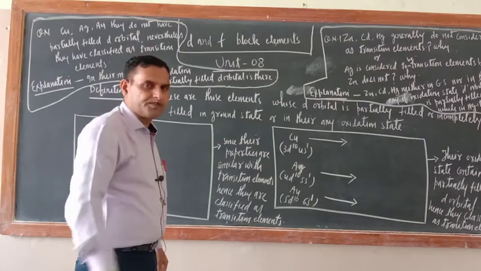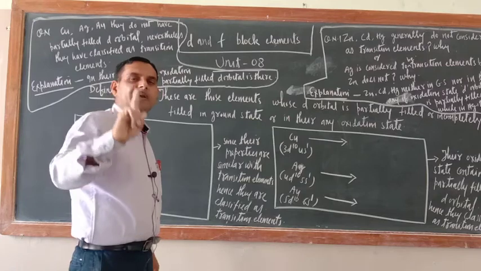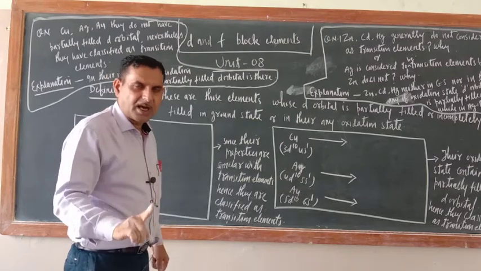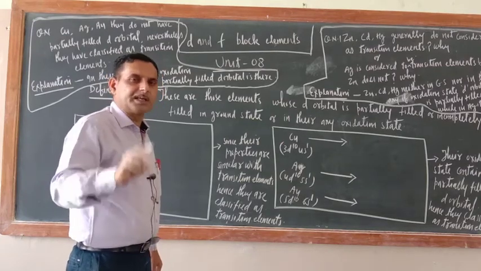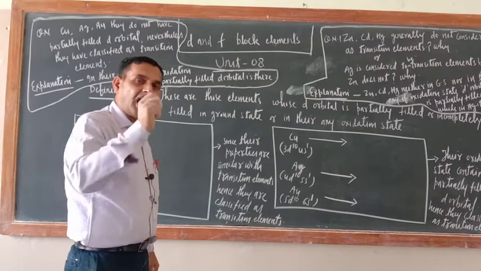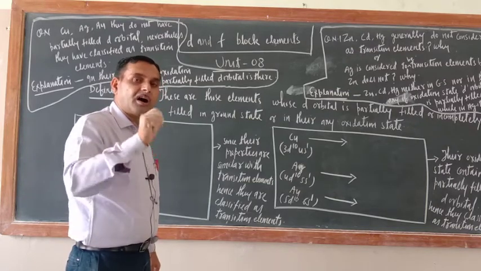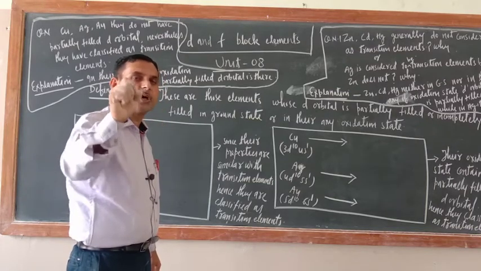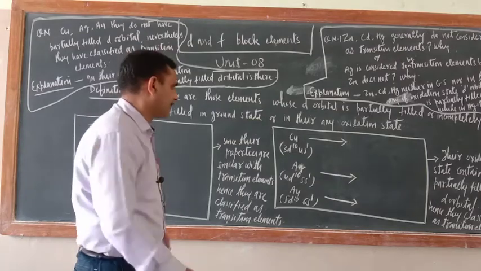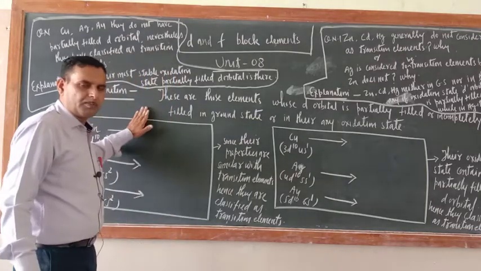Condition number 1: either their d orbital should be partially filled or incompletely filled in their ground state, or in any of their oxidation states the d orbital should be partially filled. Are you getting my point?